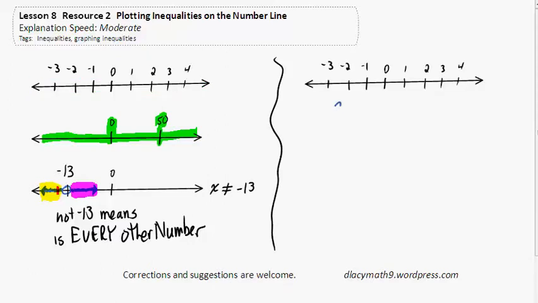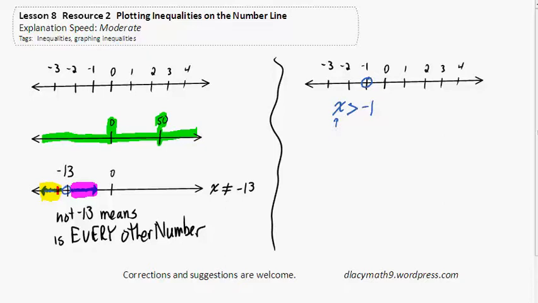To plot x is greater than negative 1, I go to negative 1 and put an open circle on it, because negative 1 is not part of what makes this true. X cannot be negative 1 because negative 1 is not greater than itself.